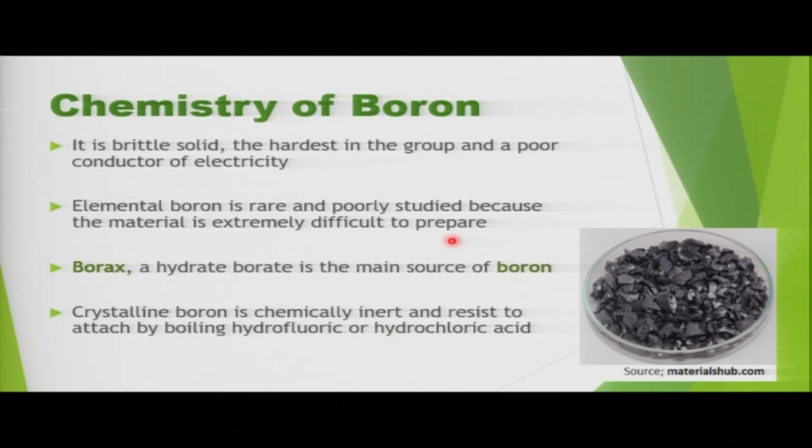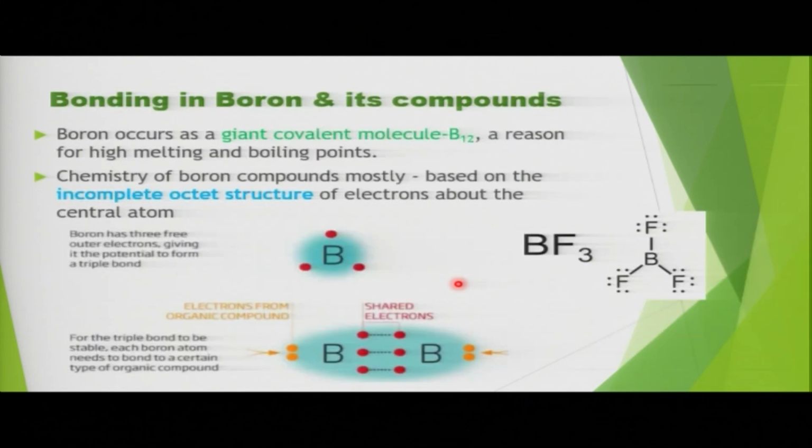So much of the time, that's why originally its chemistry was not considered much, but it's being brought in and being used. So its main source is borax, as we are going to look at it briefly, and it is inert. Much of the time, it doesn't react with the acids. So it is relatively inert because of its bonding.